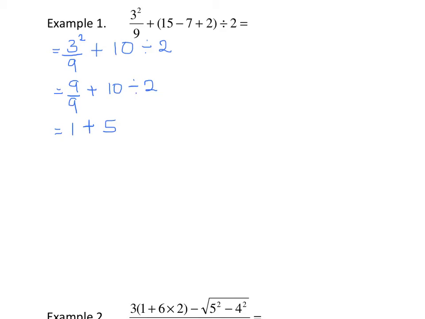And now we can perform exactly the last operation, which is 6. Now that's the working to evaluate that very difficult looking expression there to get the final answer of 6. And that's the expectation when you work through these similar problems on your assignments. Let's have a look at the next one.